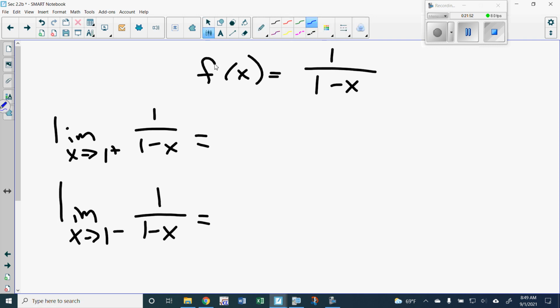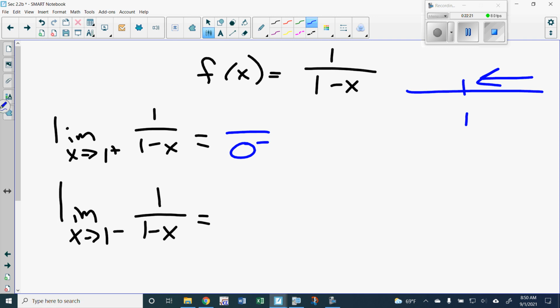So as I approach 1 from the right, if you need to think of a picture, I'm approaching from the right, so I'm putting in numbers bigger than 1. 2, right? 1.5. So if I take 1 minus 2, this is going to 0, but is it positive or negative? If I'm subtracting numbers bigger than 1?